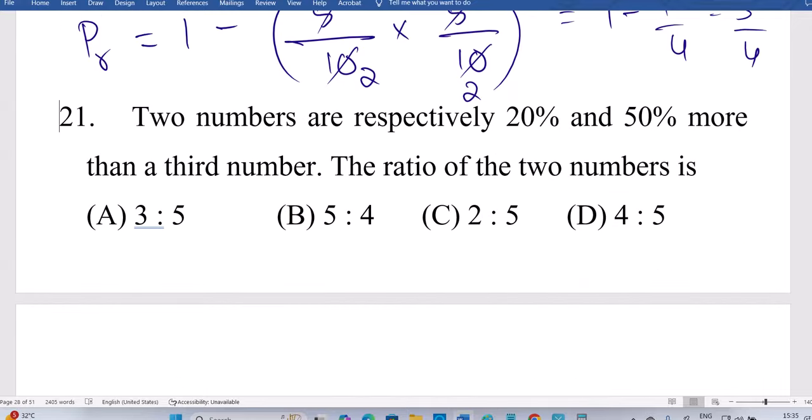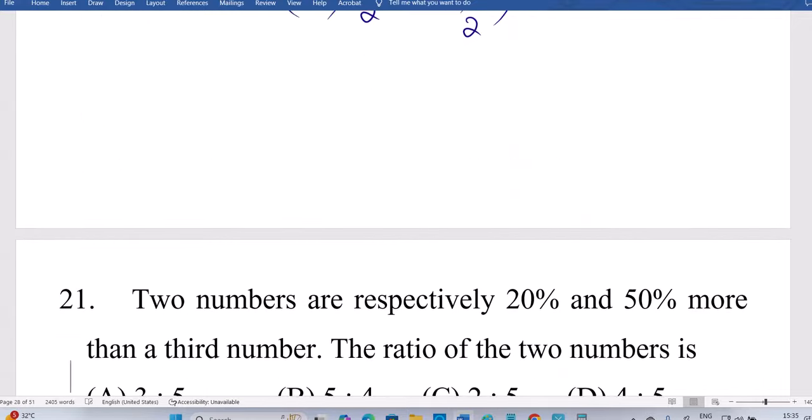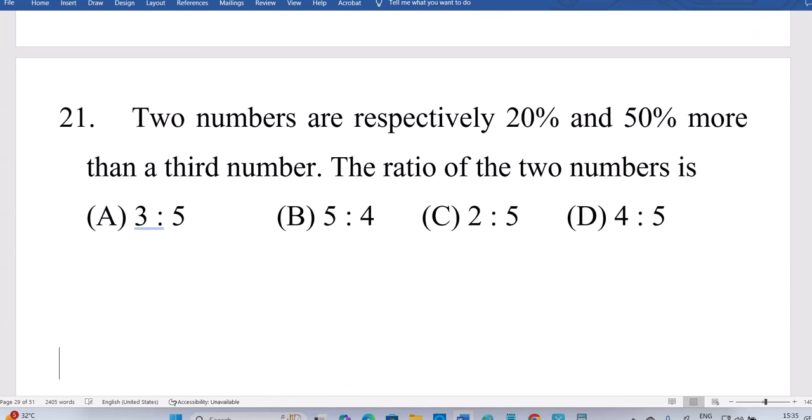Next one. 21. Two numbers are respectively 20% and 50% more than a third number. The ratio of the two numbers is, let us say third number is 100.